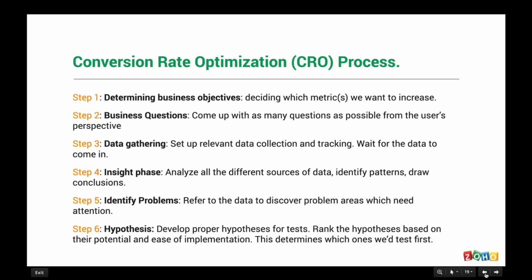So that's step number 4, turning data into insights, because data is useless and insights are more valuable. So what do we think the data tells us here? Once we get the insights, we have to use them to identify problems or opportunities for our websites. So that brings us to step number 5, make a list of all the problems that we have identified so far.